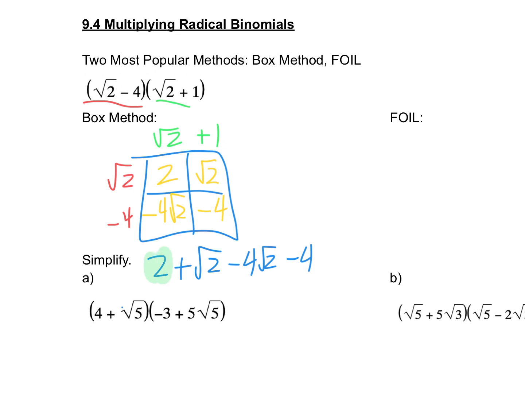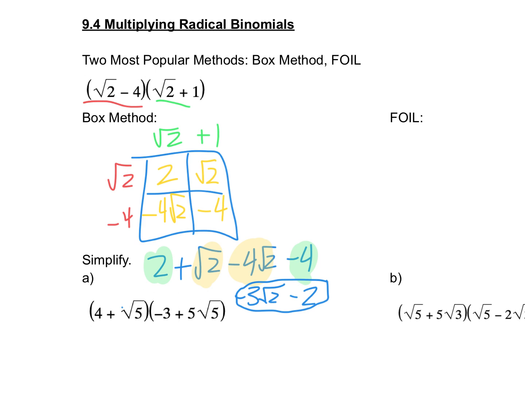So I have 2 whole numbers here, and then I also have 2 terms with square roots that are the same. So my final answer would end up being, let's see, the square root of 2 minus 4 square roots of 2, that's going to be negative 3 square roots of 2. And then 2 minus 4 will get me negative 2. So that would be my final answer.